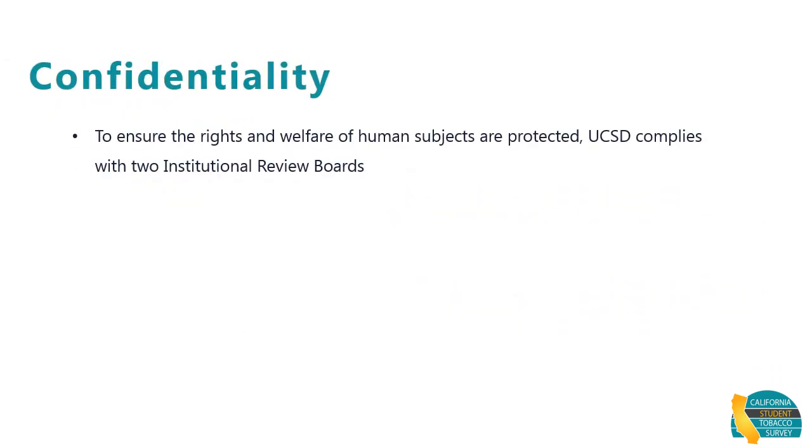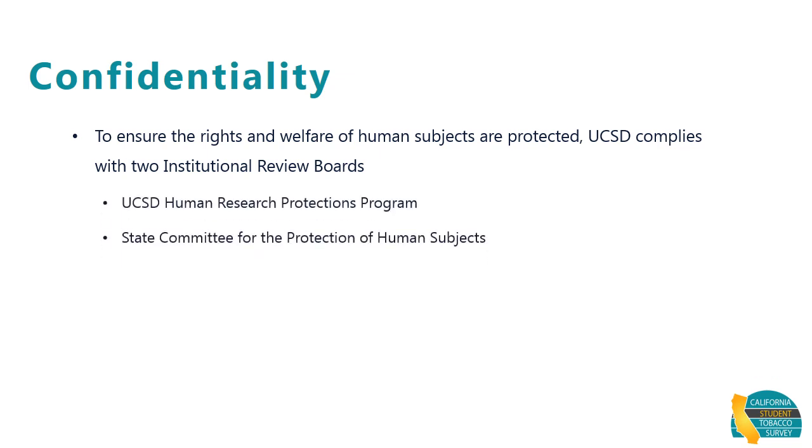To ensure that the rights and welfare of human subjects are protected while participating in this research, UCSD complies with 2 institutional review boards, one at UCSD and one at the state level. We require parent consent forms to be sent home with all potential participants. Additionally, all student participants will read an assent prior to taking the survey and have an opportunity to opt out of the survey.